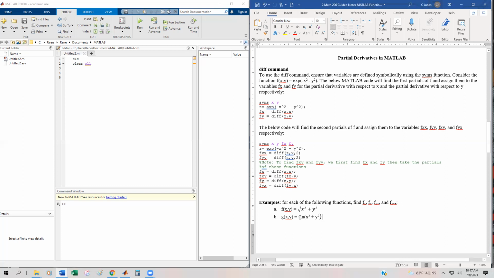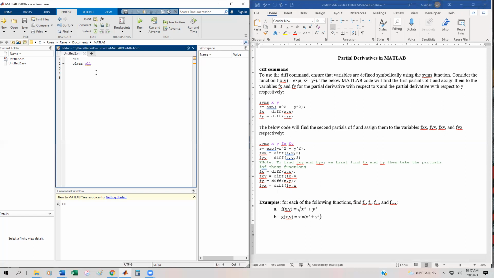And these are our familiar functions from our first two videos in this section. So let's go ahead and define some symbolic variables, x and y, and also, because I'm looking at the problem, we need fxyx. So let's say fx, and then also fxy, because we're going to need to take the derivative of those, and it never hurts to define them as symbolic, even though we might not need to.